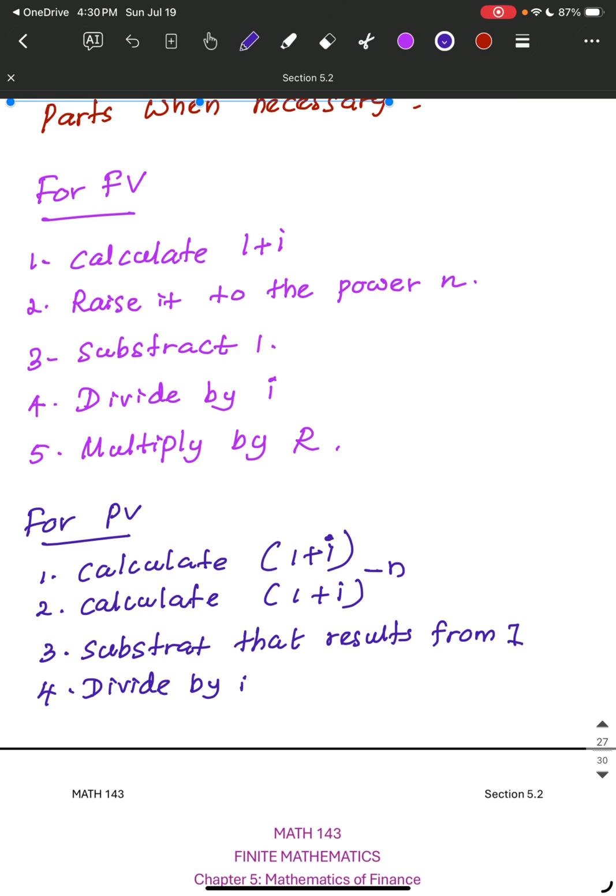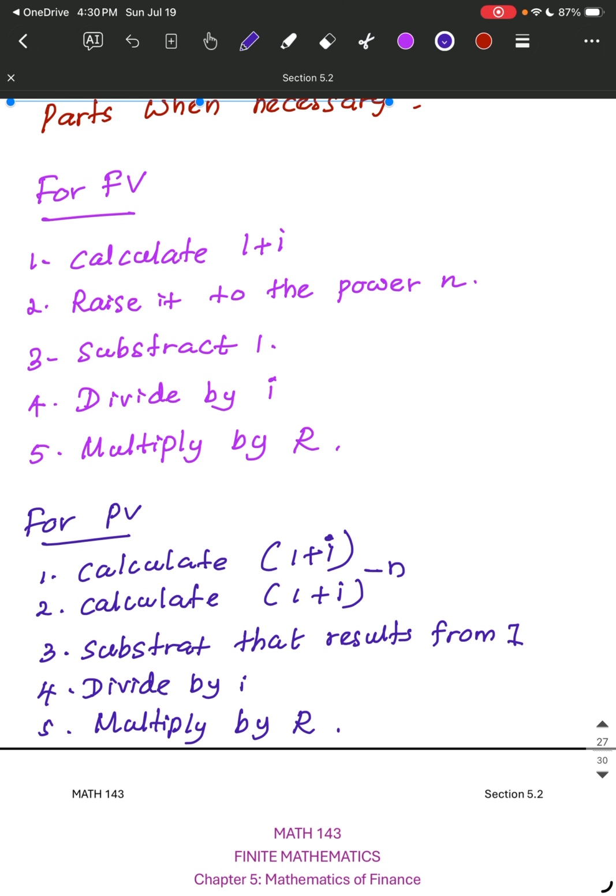So then let's summarize today's lesson. An annuity is a sequence of equal payments made at regular intervals. An ordinary annuity has payment at the end of each period. We use the future value formula when we want to know how much regular deposits will accumulate to in the future.